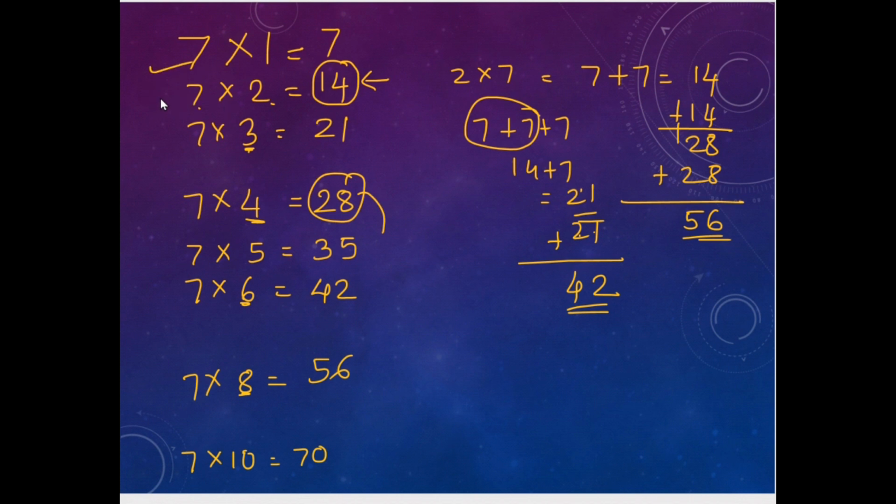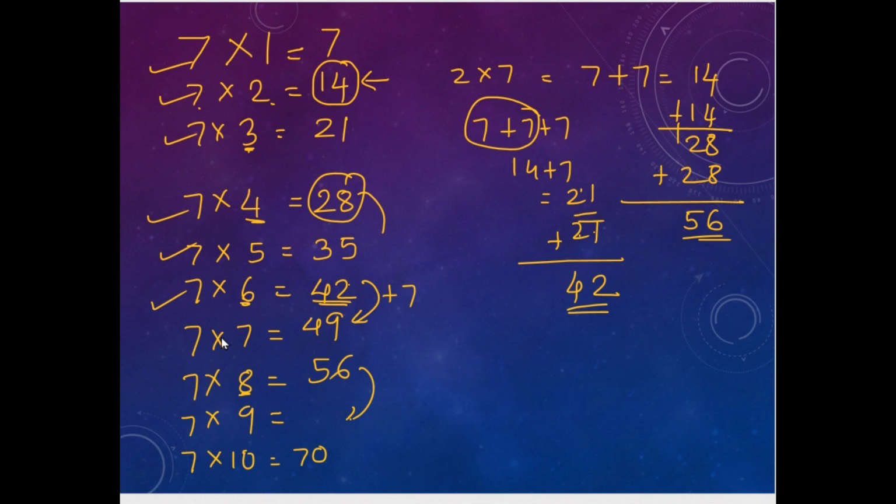Now we got 7 1s are, 7 2s are, 7 3s are, 7 4s are, 7 5s are, 7 6s are. Now we are left with 7 7s are and 7 9s are. Now again, since we know that 6 7s are 42, we can add another 7 to this to make 49 and add another 7 to this to make 63, or you can take away 7 from the 70 to get 63.